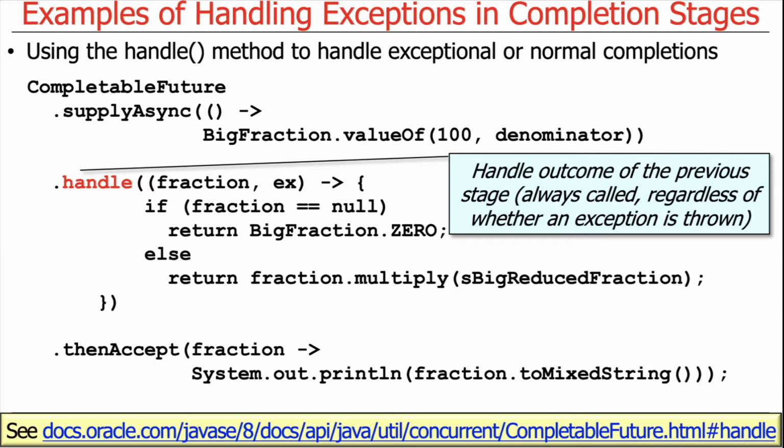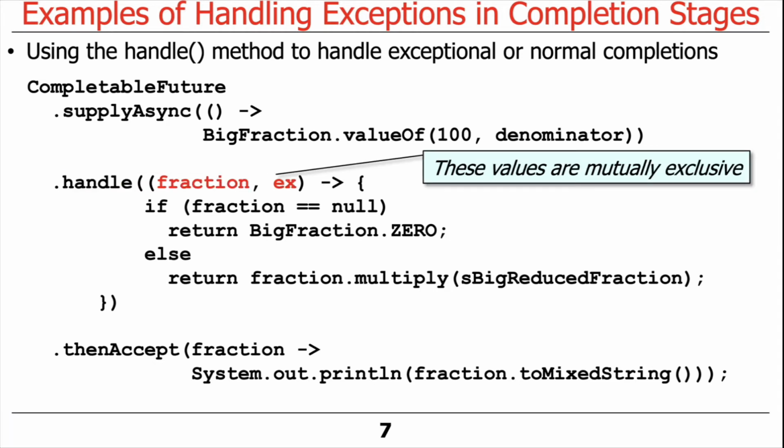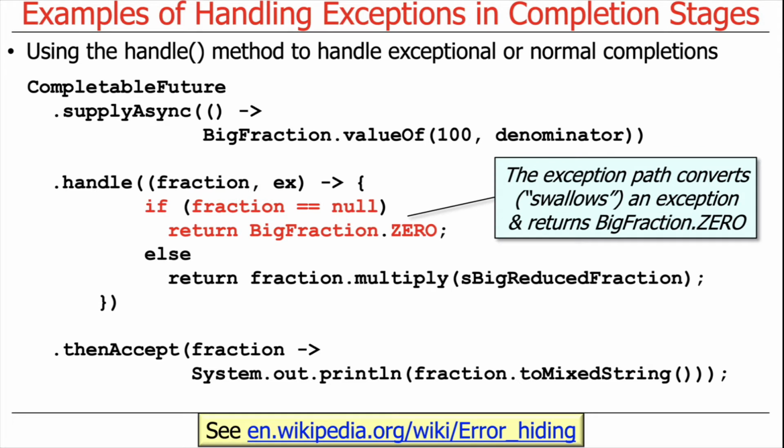So as you can see here, when handle gets called, it's going to take this parameter here, which I believe is a BiConsumer, and it has fraction and ex. These values are mutually exclusive. Either fraction is null, in which case ex is non-null, or fraction is non-null, in which case ex is null.